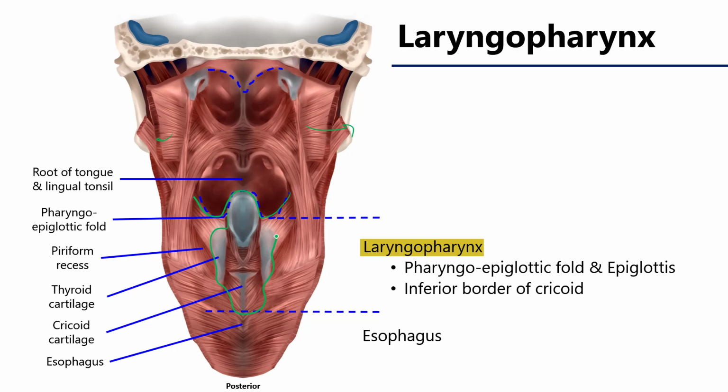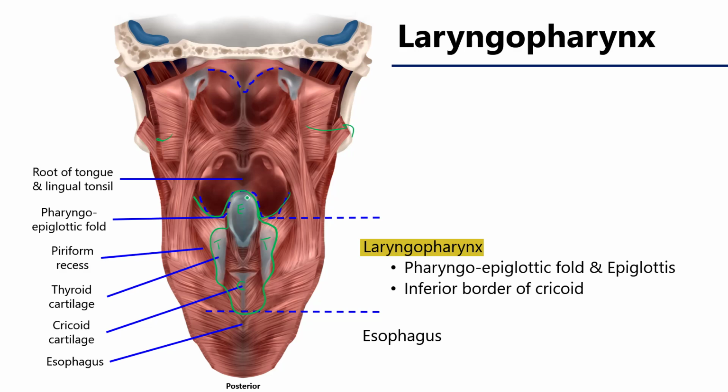That would be anterior. It has some intrinsic laryngeal muscles associated with it, but generally there's the epiglottic cartilage, there's the thyroid cartilage flanking, and then there's the cricoid cartilage. And so much of the laryngopharynx is going to be posterior to the larynx.